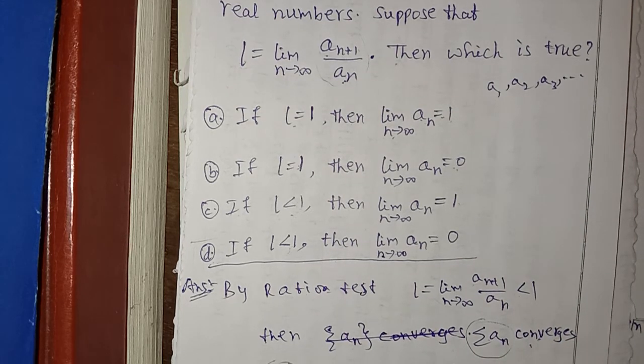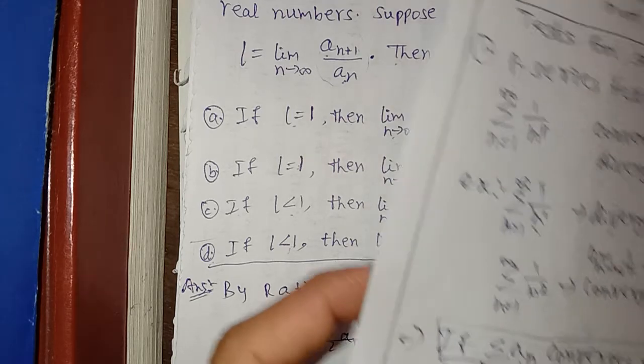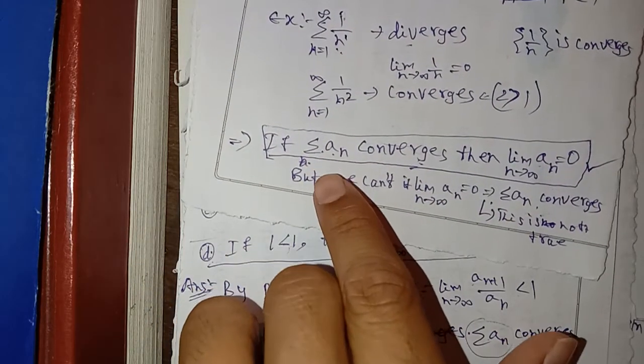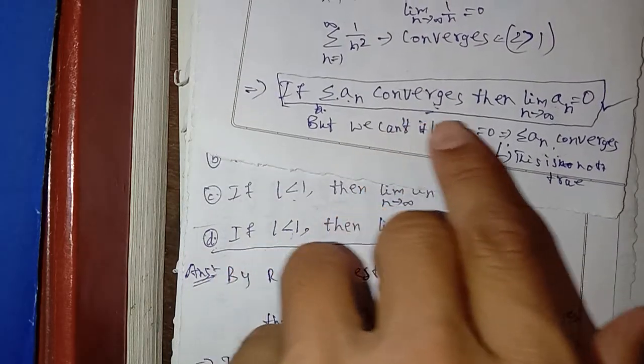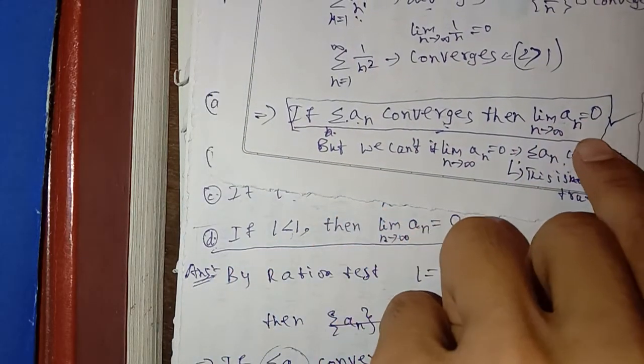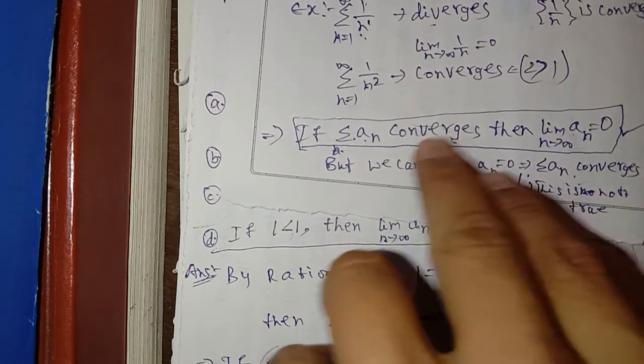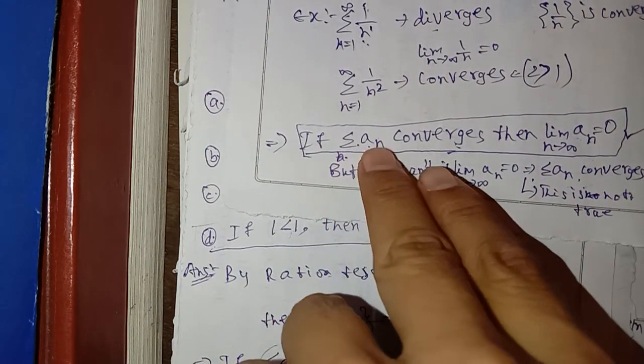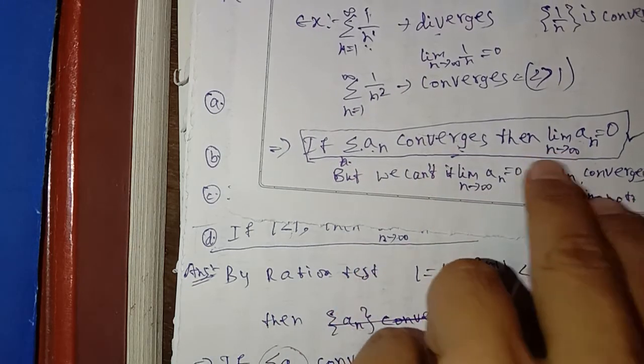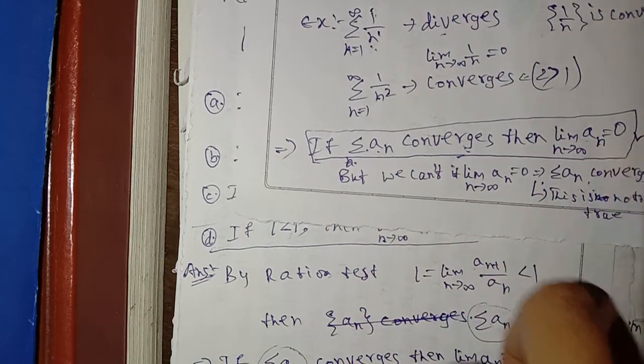We have another theorem here that says that if series an converges, then limit n tends to infinity an is equal to 0. I told this in previous video. If an series converges, then limit n tends to infinity an is equal to 0.